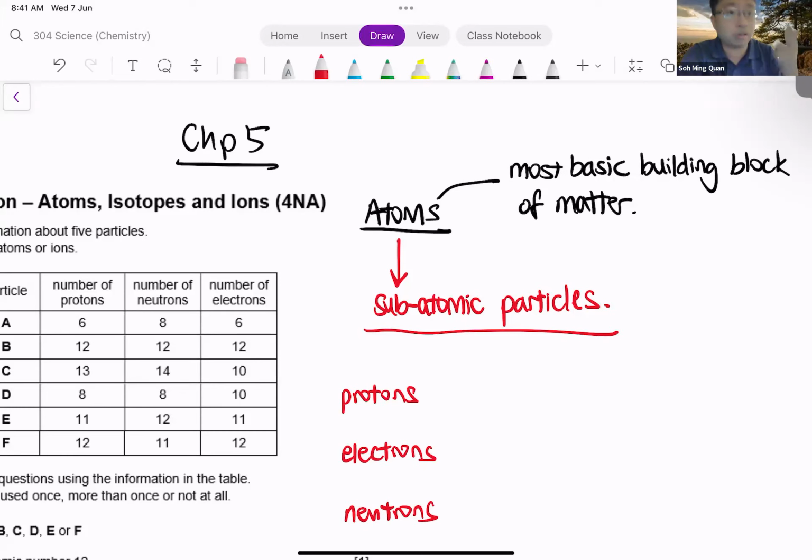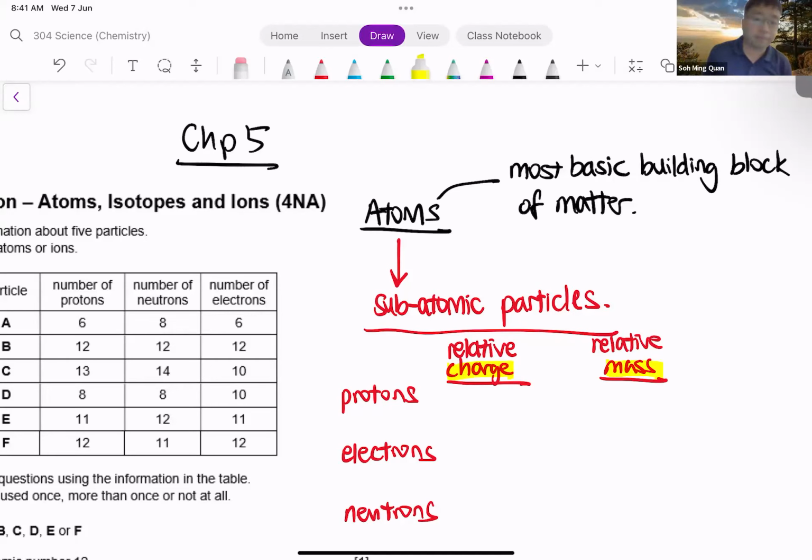They are different in terms of their relative charge and their relative mass. These are the two properties where they differ from each other. Now, why use the word relative? The word relative means I'm comparing them against each other.